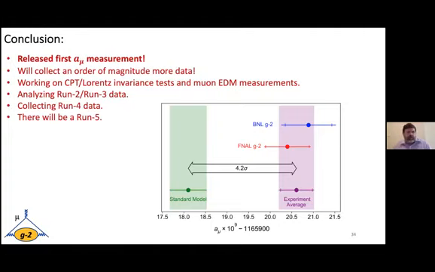This is the sort of thing where, as I was saying, really the theorists have to have this discussion, because there are these techniques that they've been using for decades now, that are in part based on e+e- cross-section measurements for determining the hadronic vacuum polarization contribution.